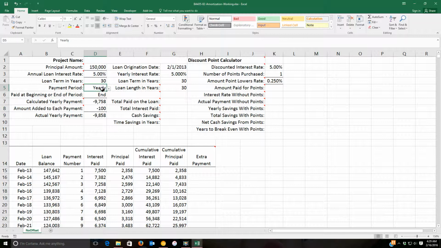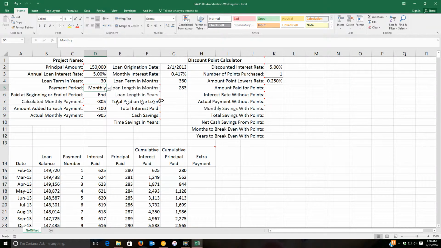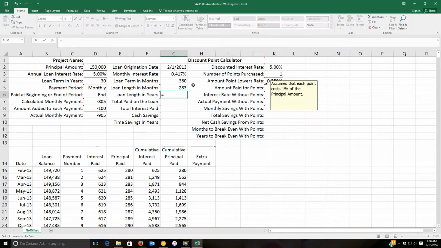So if this is yearly, we're going to want to just leave this blank because this will have calculated the loan length in years. It would have gone out and gotten the maximum number. However, if it's anything but yearly, then we have to do a calculation. So let's set it back here to monthly. Let's do our calculation. I'm going to use an if statement.